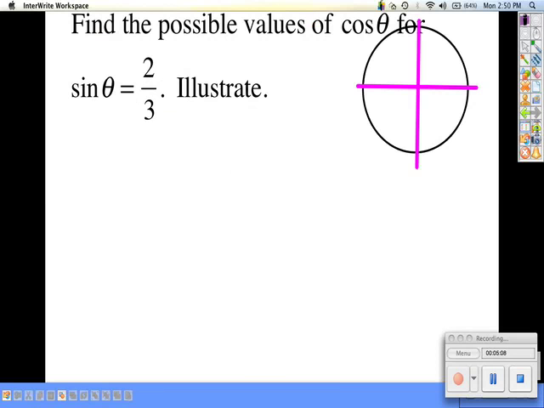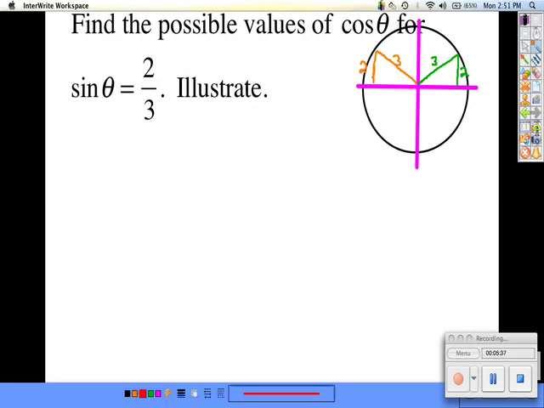And we want the sine to be 2/3, in other words, opposite over hypotenuse to be 2/3 in a triangle. That could happen in the first quadrant here, opposite being 2, hypotenuse being 3. Or we could also have a triangle in the second quadrant in the same scenario. Opposite is 2, hypotenuse is 3.